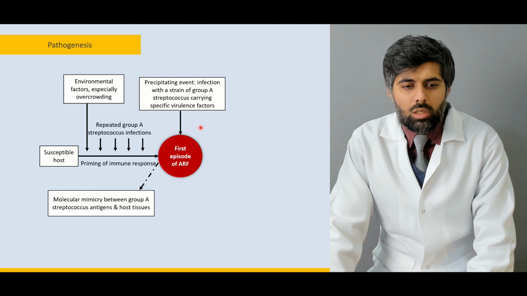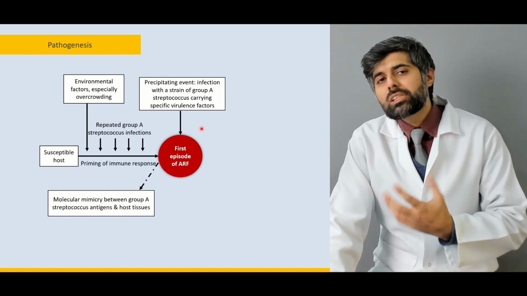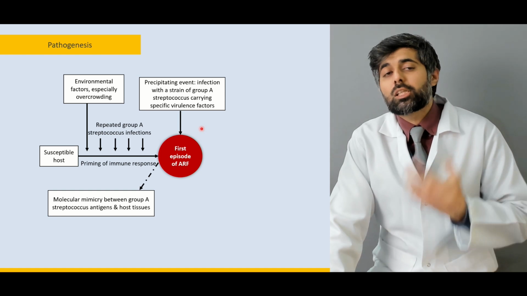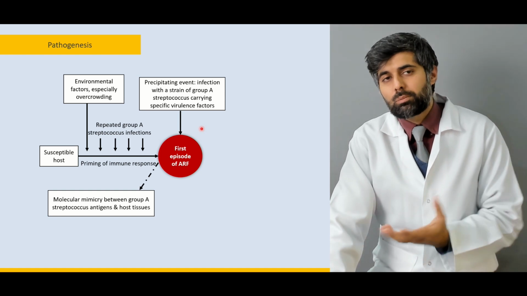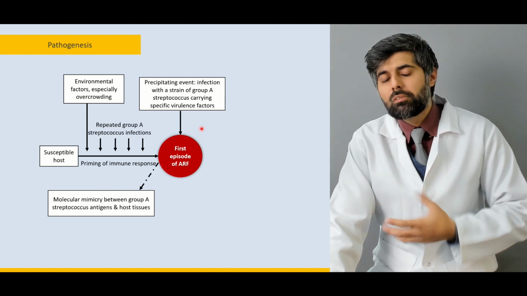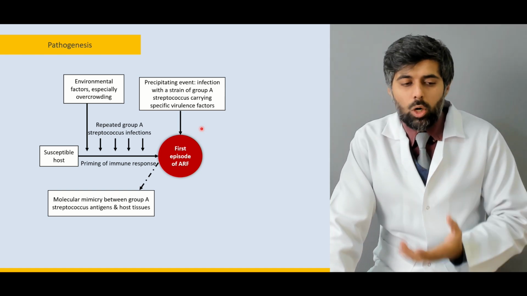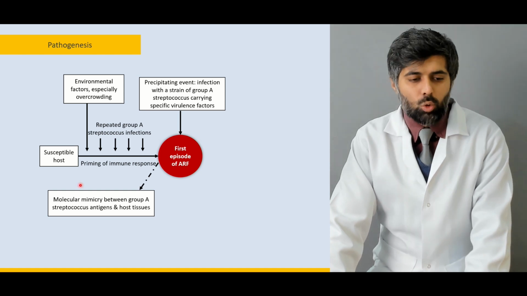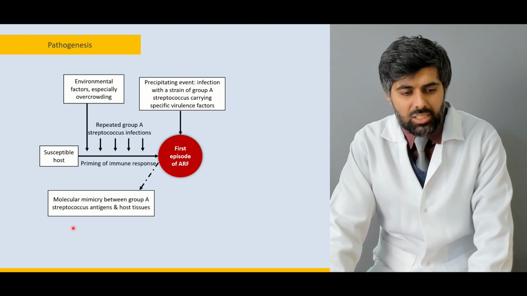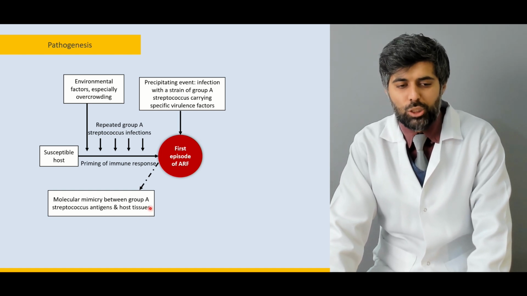Now, there are two theories as to how acute rheumatic fever develops after the patient has been exposed to the group A streptococcal antigens. One theory states that there is molecular mimicry between the group A streptococcal antigens and the host tissue.